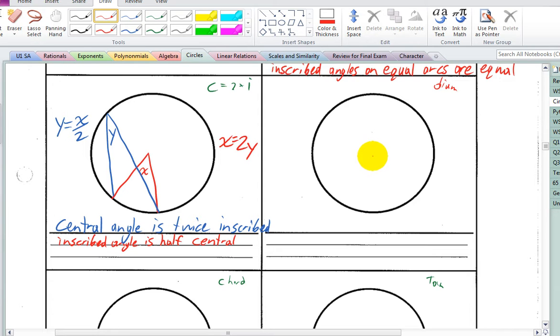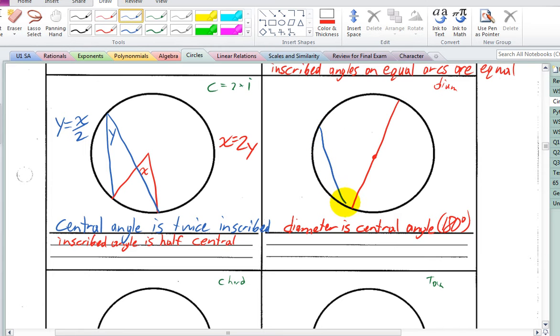The next one we looked at was when you have a special central angle. Okay, so the diameter is a central angle, and the value of it is what? Straight line, 180 degrees. Okay.